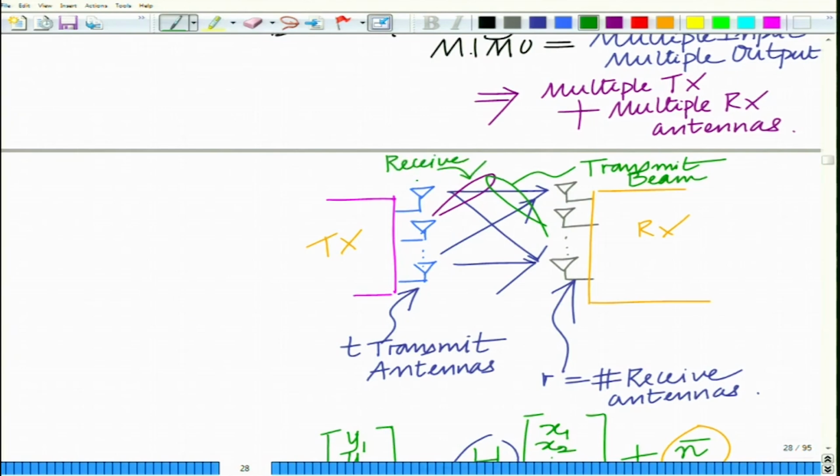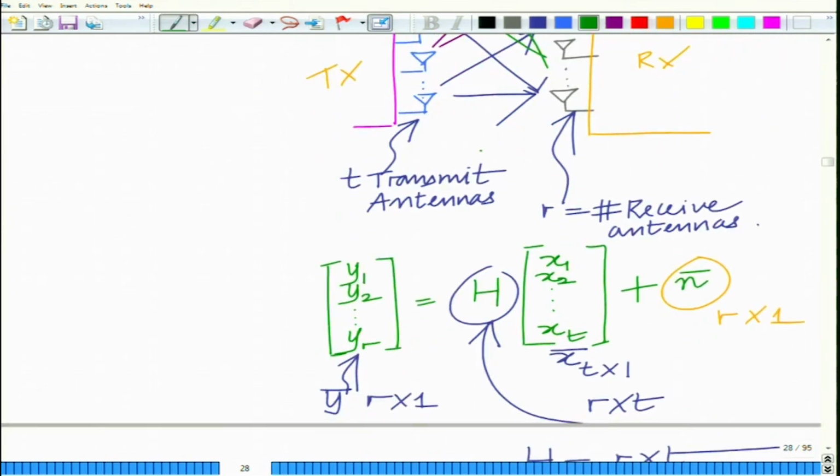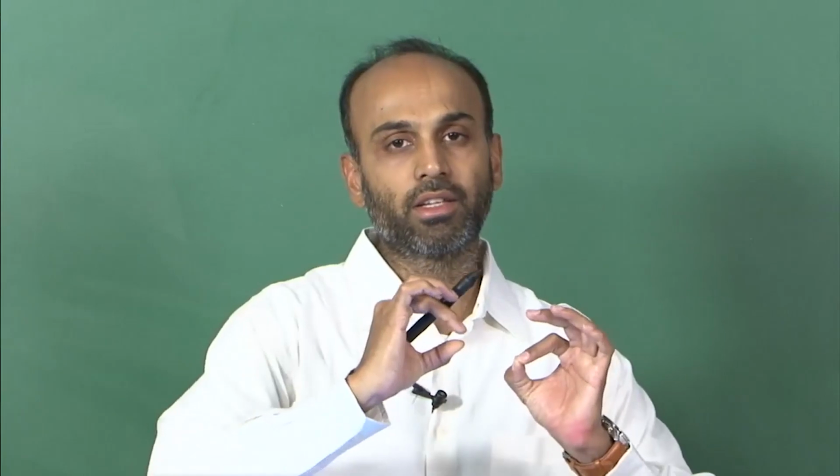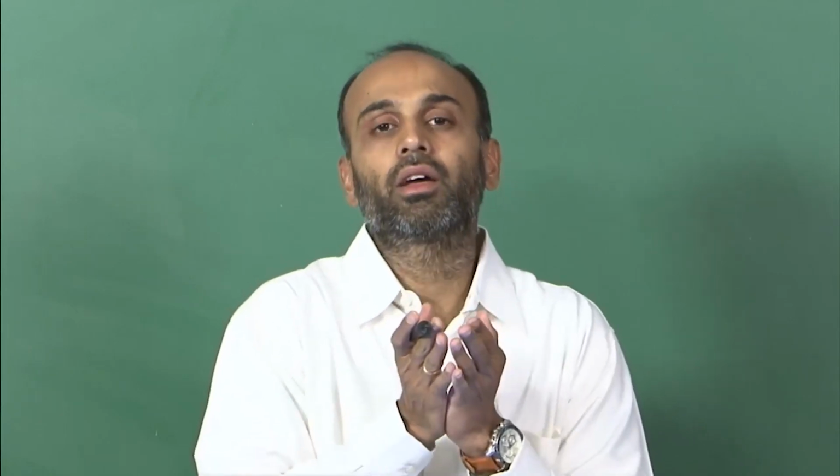Now there can be multiple beams, but when people talk about beamforming, they typically talk about a single beam. So you have a transmit beam, that is you are focusing the energy in a particular direction, and you have a receive beam, that is you are receiving the signal in a particular direction. By doing that, you are achieving several things, as we have seen in multiple antenna beamforming.